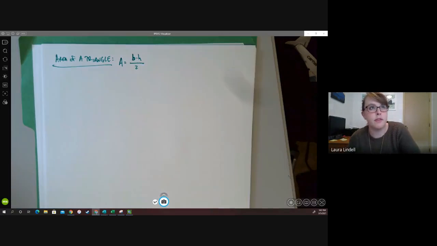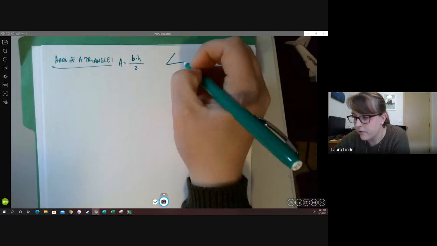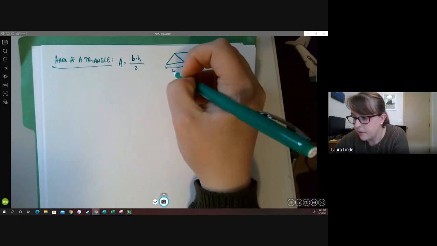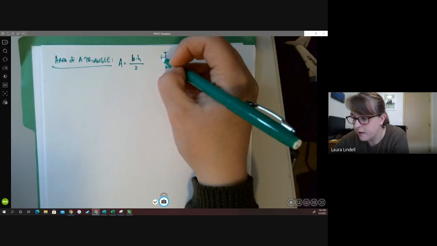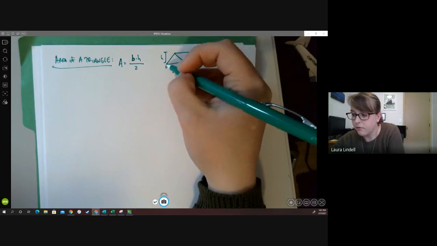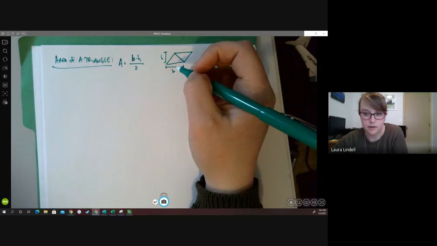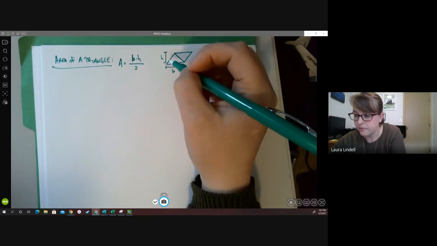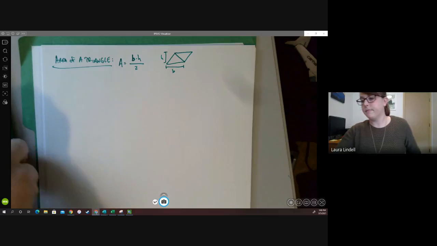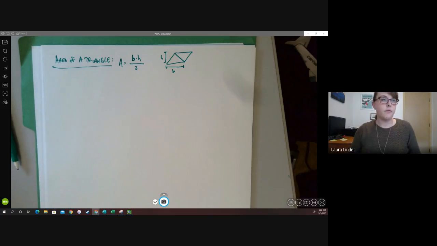Because length times width is a rectangle, or base times height would be a parallelogram. And so if you want to think of a triangle as kind of like half a parallelogram, for a parallelogram, that's the base and that's the height. And so you go base times height on a parallelogram. But for a triangle, it's like half of a parallelogram. So you divide it by 2. Anyway, that's our formula for area of a triangle.